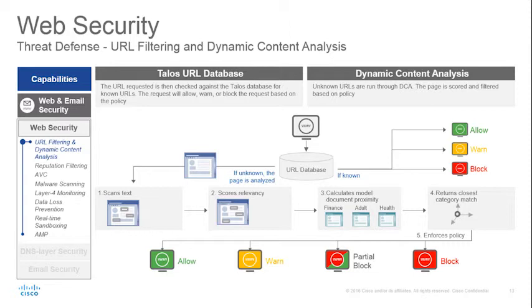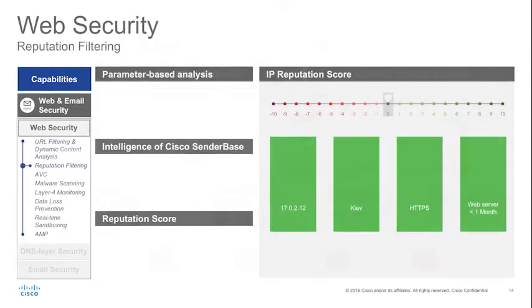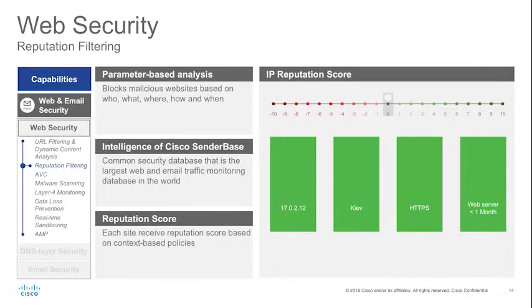Cisco Web Security also delivers context-based reputation filtering to identify and block threats. Cisco Web Reputation Filtering helps protect against a broad range of URL-based threats. This solution asks a simple but powerful question: what is the reputation of the URL? When assessing the trustworthiness of a URL, a great deal can be determined by analyzing contextual data.